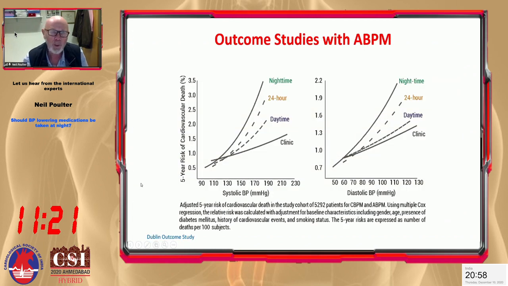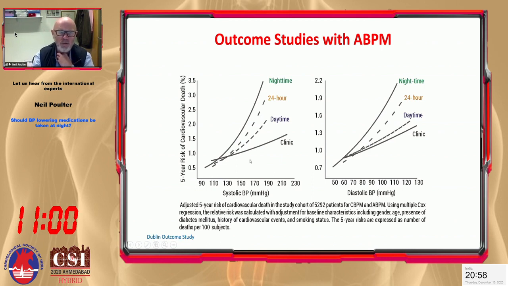Why do some people think it does matter? Well, here's some prospective observational data on the left-hand side for systolic, the right-hand side for diastolic, which shows whether nighttime, 24-hour blood pressure, daytime or clinic blood pressures, how they predict cardiovascular death on the vertical axis.